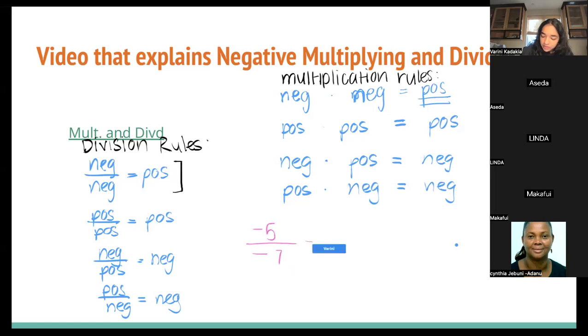We can write this as -1 times 5 over -1 times 7. When doing something like this, you can cross out similar terms on the top and bottom. So we can cross out -1 and -1, which leaves us with 5/7, which is positive.